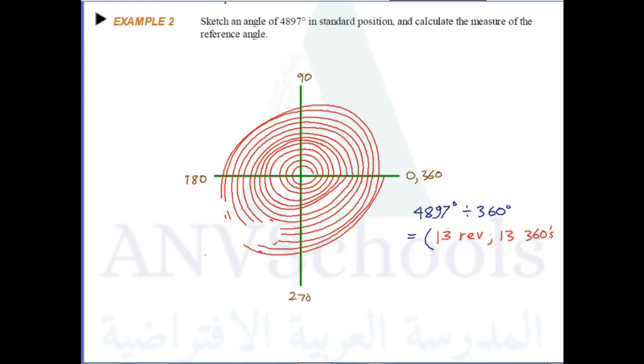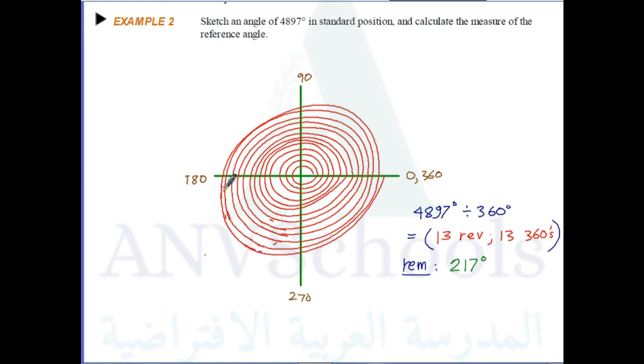And then the remainder is 217 degrees. And that's what we are trying to graph here. So now I will just connect all the messed up connections here, the curves.